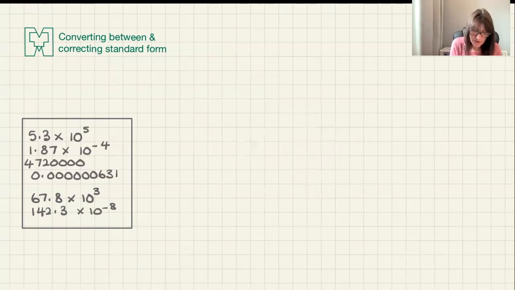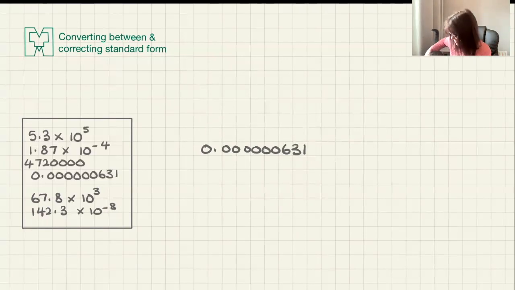And looking at the small number, I'm going to repeat the process. I'm going to go to the decimal point and I'm going to start my counting. I'm going towards the digits.